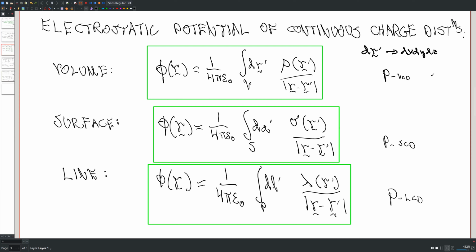I could perhaps write it as d tau prime, which is what I've done in the past. Would you prefer that? What I mean here is that it's the 3-dimensional element.